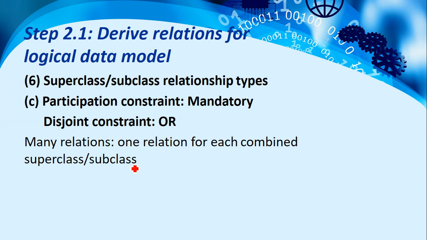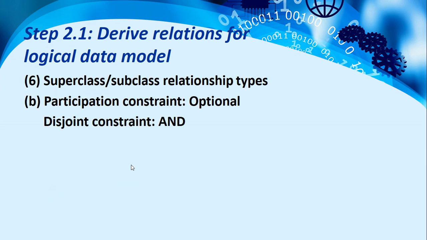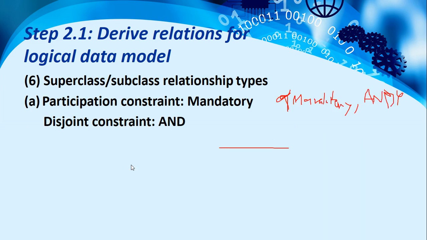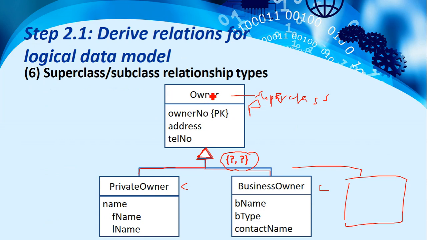So, bali, mangyayari nito is, going back sa example, no? Yung owner, private owner, kung combine mo yan, you have another first relation. Yung owner, business owner, combine mo yan, you have another relation. And if you have another subclass, so combine mo yan, we have another relation.